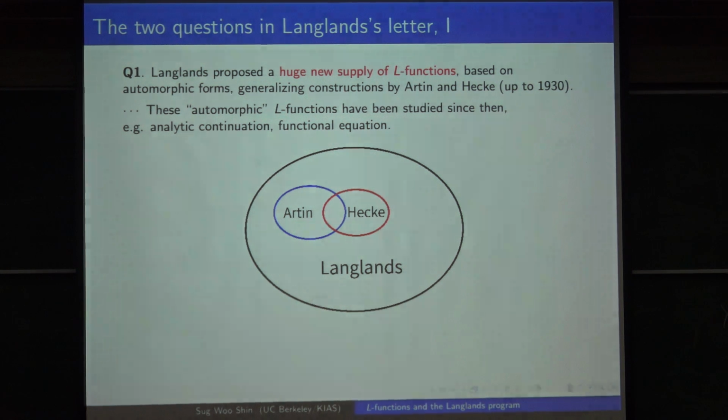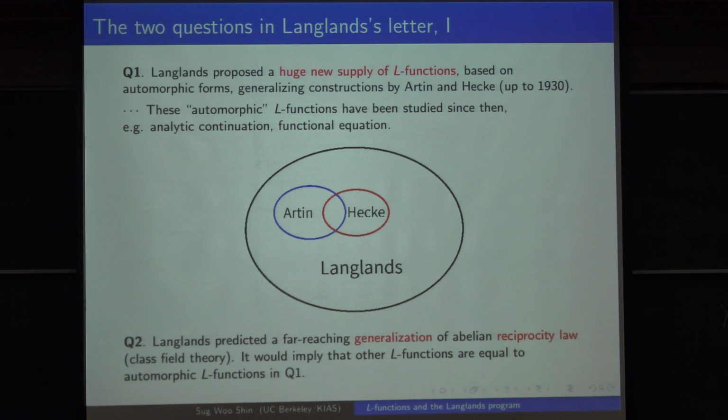So Langlands proposed a huge new supply of L functions. I said that these were needed to make sense of or formulate a more general reciprocity law. And he did this by starting from automorphic forms, which are generalizations of modular forms. And from automorphic forms, he gave a recipe for generating L functions and predicted that these have all these nice properties like analytic continuation, functional equation, etc. And these were verified, in fact, later.